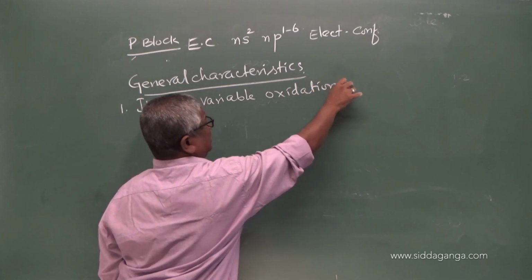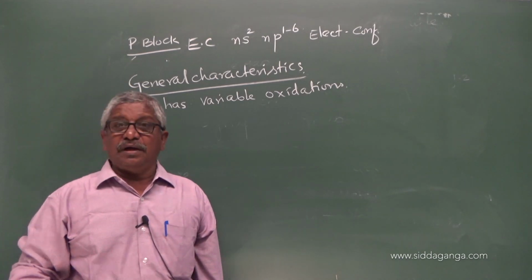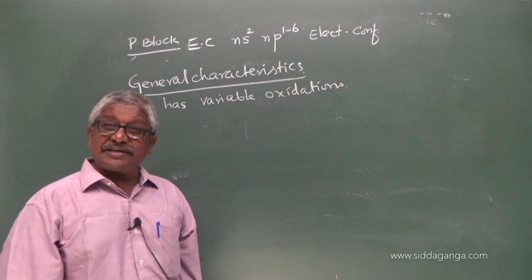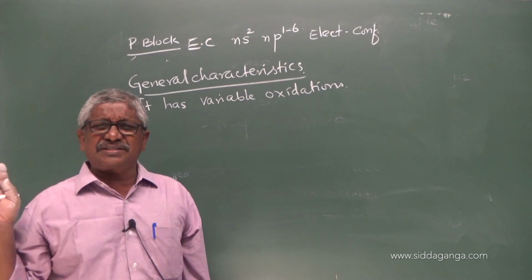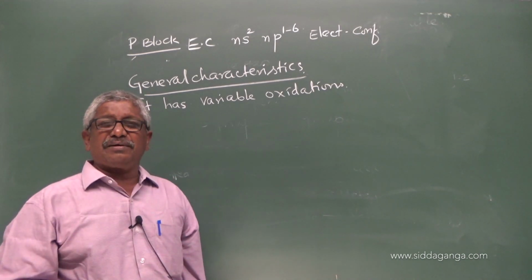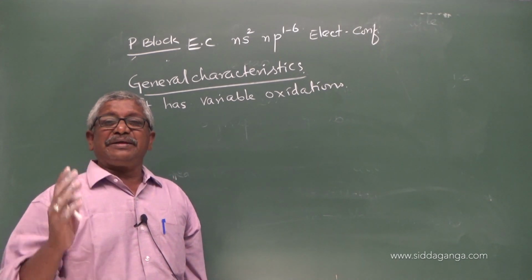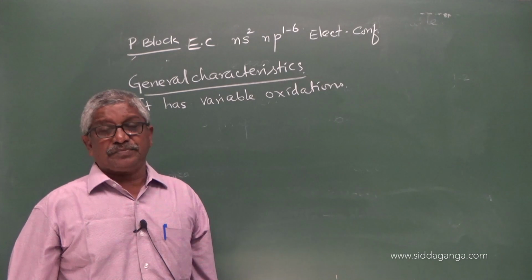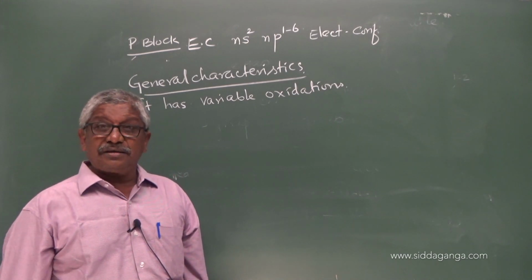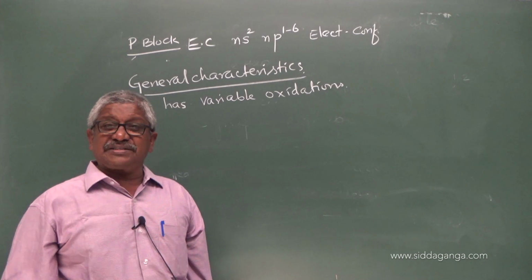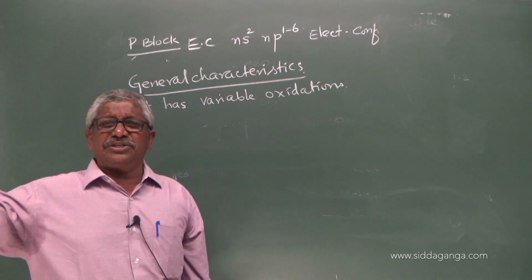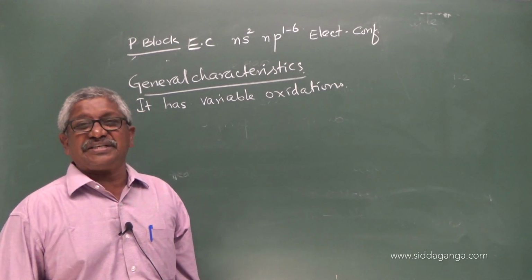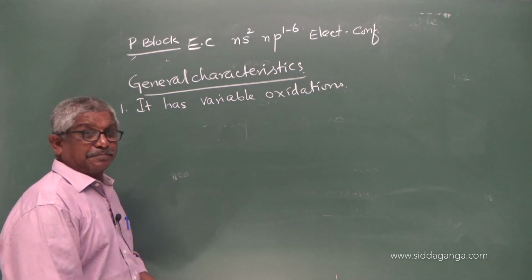What is variable oxidation state? In S block, I told you, alkali metals have +1 and alkaline earth metals have +2, only one oxidation state. But in P block, some elements, for example carbon, have a number of oxidation states. Carbon is a non-metal and it has oxidation states -4, -3, -2, 0, +1, +2, +3, like that. A number of variable oxidation states are available for the P block elements.